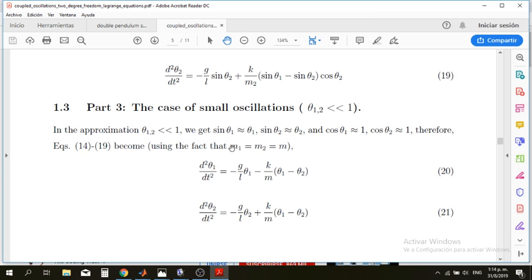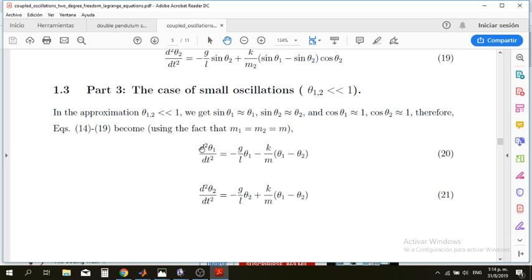And also, look, I assume that the masses in this case from now on are m1 equal m2 equal m. Not only are the lengths of the pendulums equal, but also the masses of the pendulums are equal. So we have these two linear, second order differential equations, but in this case this is minus and this is plus.